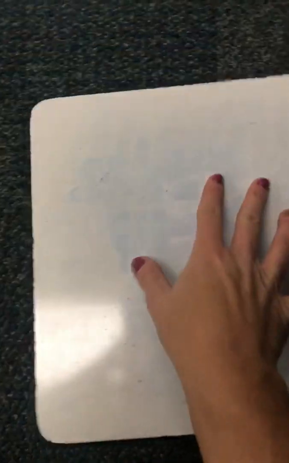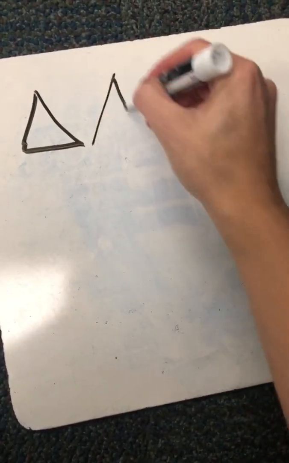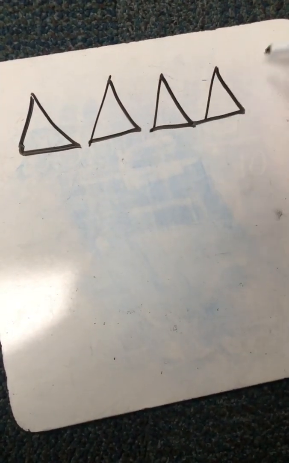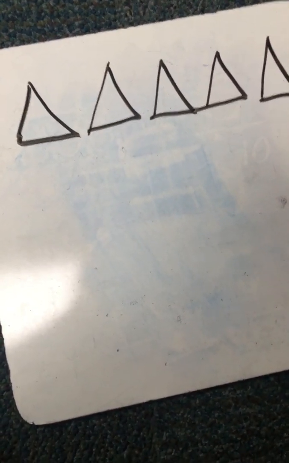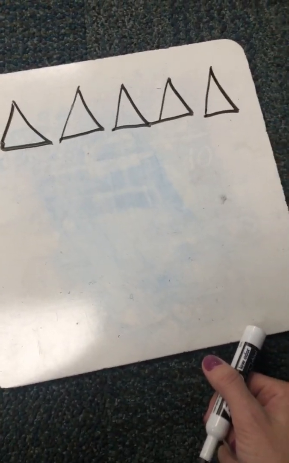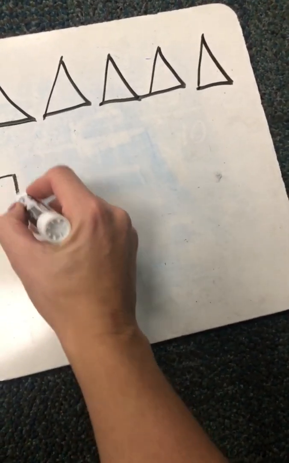Now, if you guys can, get out a piece of paper or a marker, and I want you to draw 5 triangles on your board. Remember, a triangle has 3 sides. And underneath your triangles, I want you to draw 6 squares.